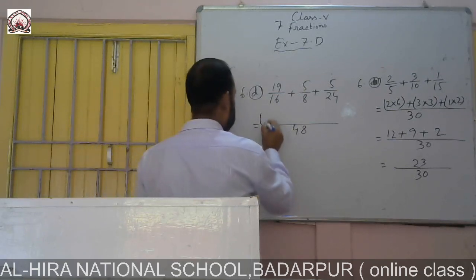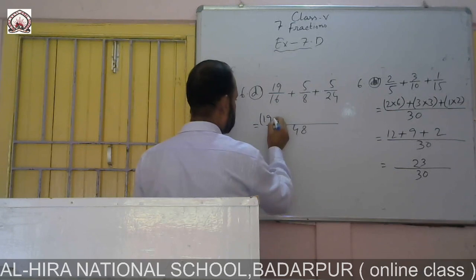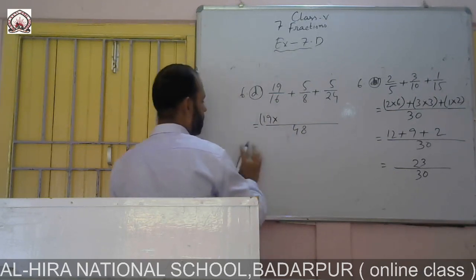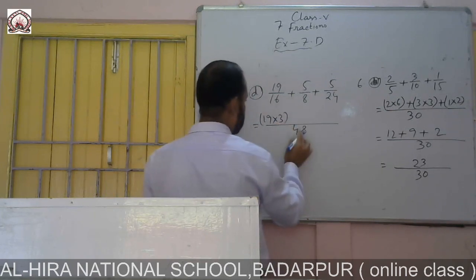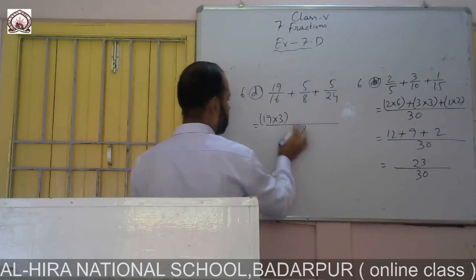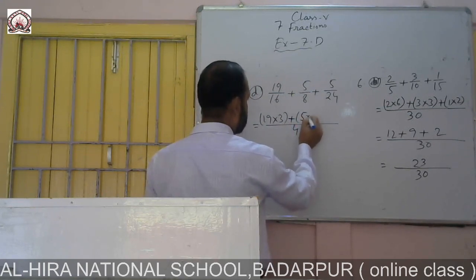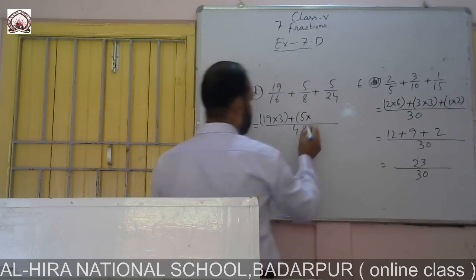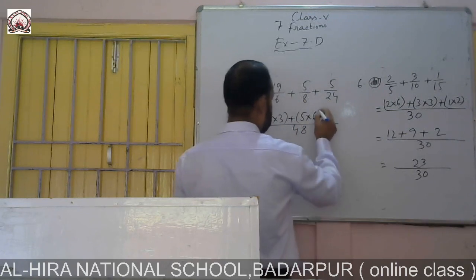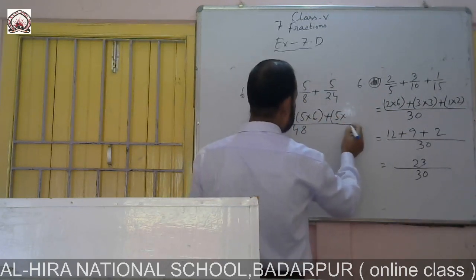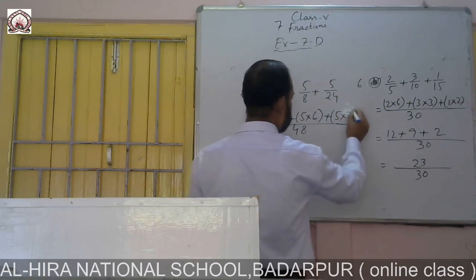Here 19 into 3, 16 3s are 48, into 3, plus 5 into 6, 8 6s are 48, plus 5 into 2, 24 2s are 48.